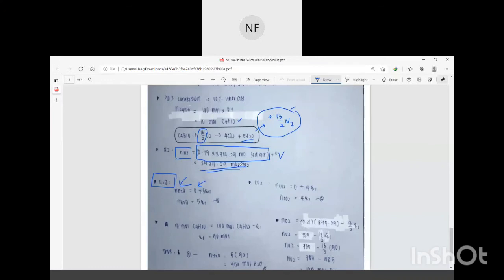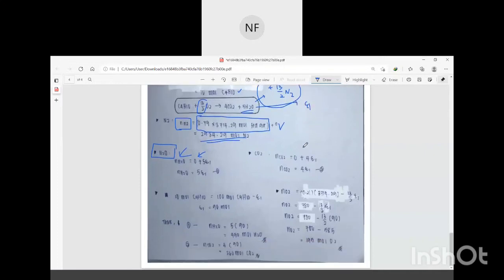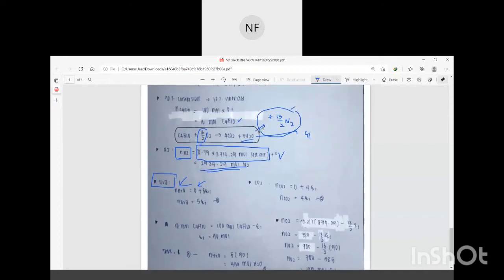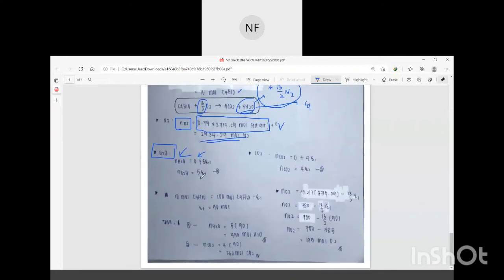Because this question contains just one reaction, we call it extent of reaction 1. So why do we add 5 times extent of reaction 1? Because water is at the product side. As we know, when the species is at the product side, we consider it as positive. So we get 5 times the extent of reaction for the number of moles of water.